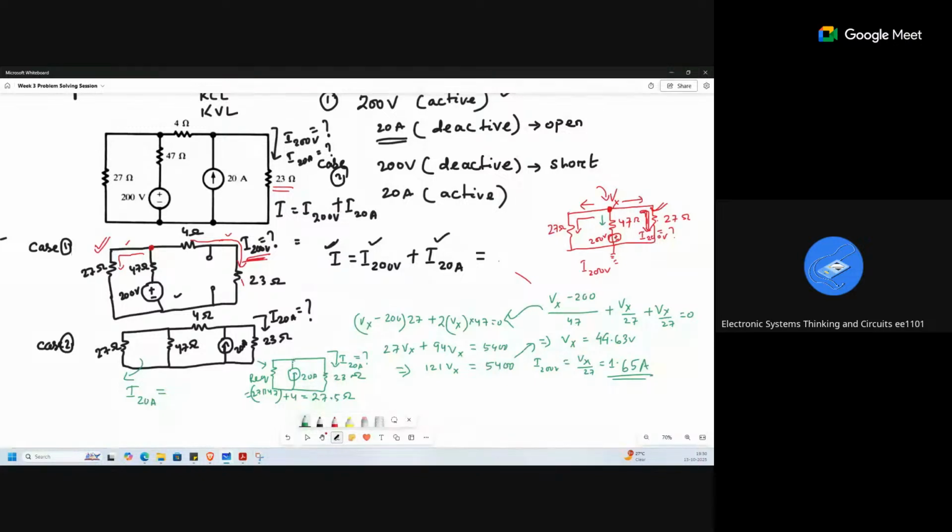And it is easy to apply if you are taking this as Vx, then Vx over 23 plus Vx over 27.5, if I'm considering the way the currents are going, is equals to 20 ampere. And from this I can find Vx, how much.